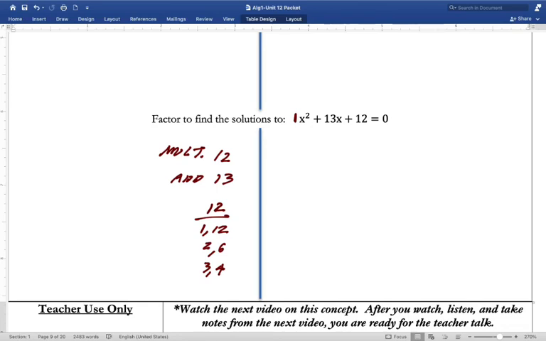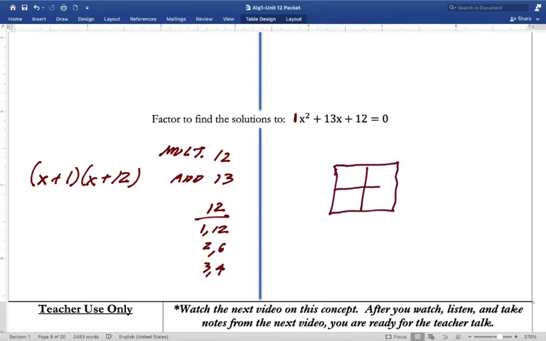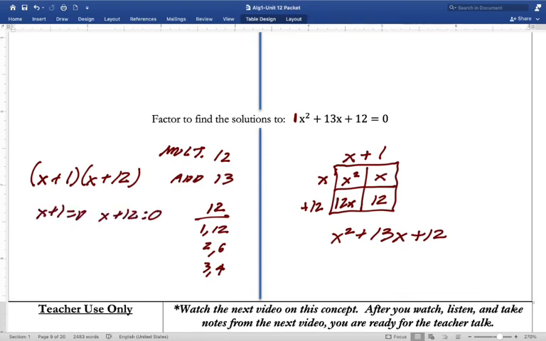So automatically I know that the factors are going to be x plus 1 and x plus 12. And I can check that, and I'll just do that over here, by multiplying this out. And I get the same thing, x squared plus 13x plus 12. So when I set each of the factors equal to 0, my solutions are negative 1 and negative 12.